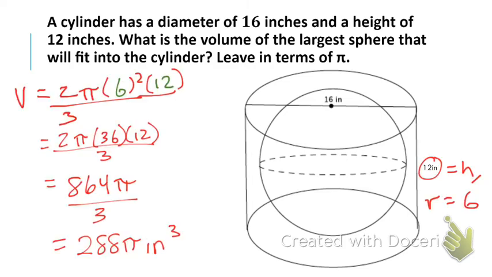All right. So this problem is a little bit tricky because you could get it wrong if you use the wrong value for your radius, right? So let's look at the diagram here.